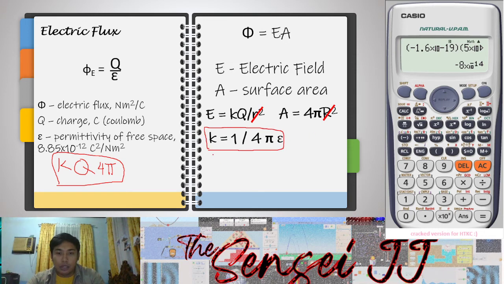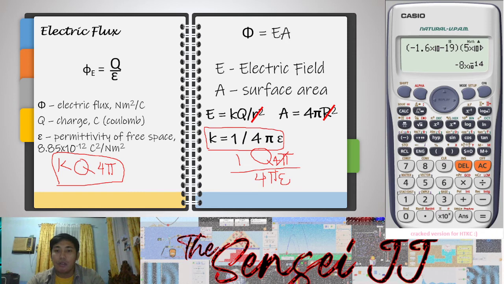Okay, so if this is k, which is 1/4 pi over permittivity, we have here our q 4 pi, and thus the value of our k, which is 1 all over 4 pi permittivity.